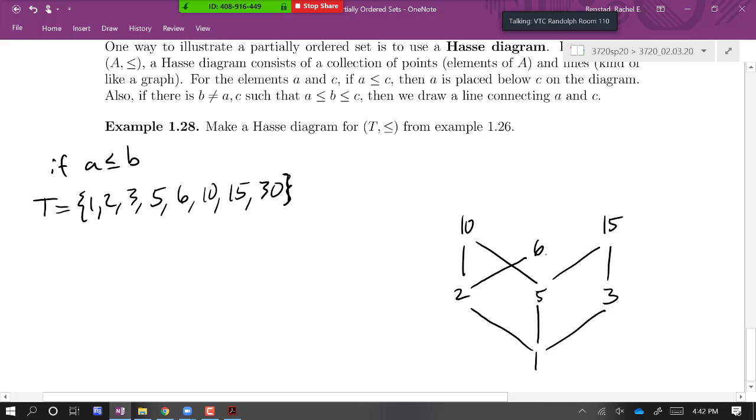I need to draw a line from both 2 and 3 to 6. It's okay for the lines to cross. And then 30: 10 and 15 and 6, there's nothing in between those values, so I'm going to draw those directly. And there's a Hasse diagram that conveys that partial ordering.